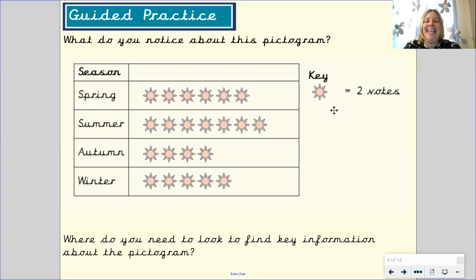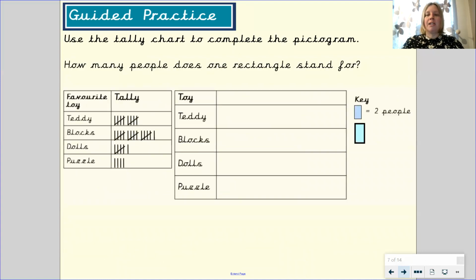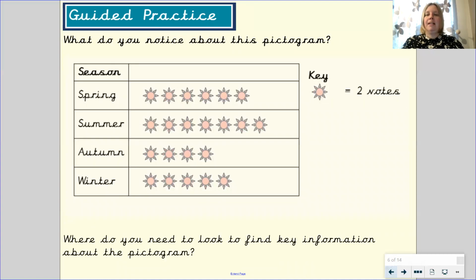We have a key here that tells us what each picture is worth. So in this key, a sun represents 2. So when you're looking at a pictogram, it is really important that you look at the key to help you with your counting. Let's go back and have a look at this.